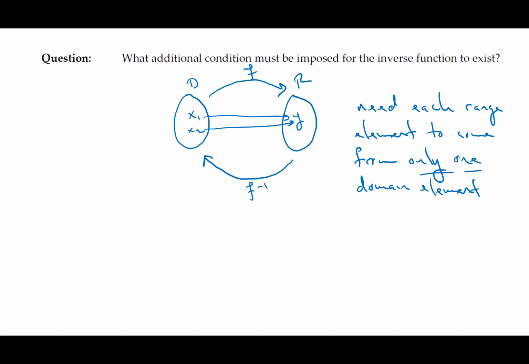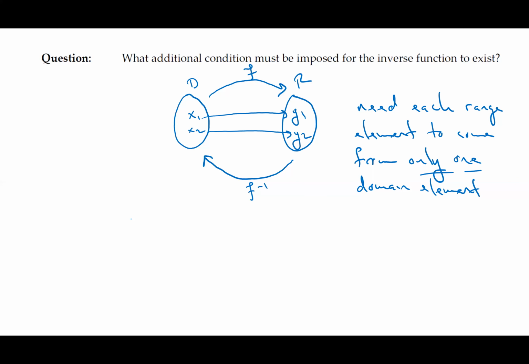But if I want to go back the other way, I've got ambiguity now, right? Where did y come from? Well, it came from x1 or x2. Which one? I don't know. So that can't happen, right? For the inverse to exist, we need every input to go to only one output and every output to have come from only one input.